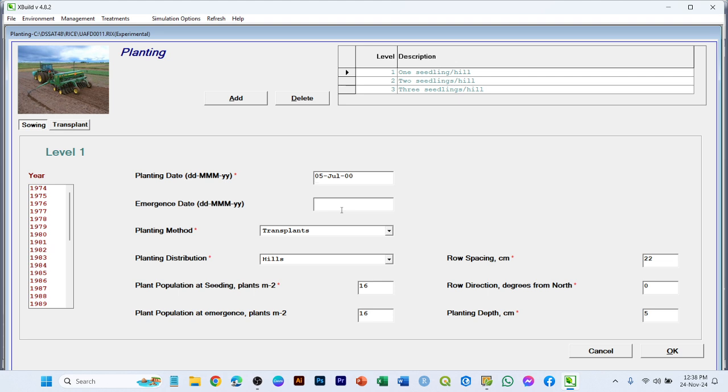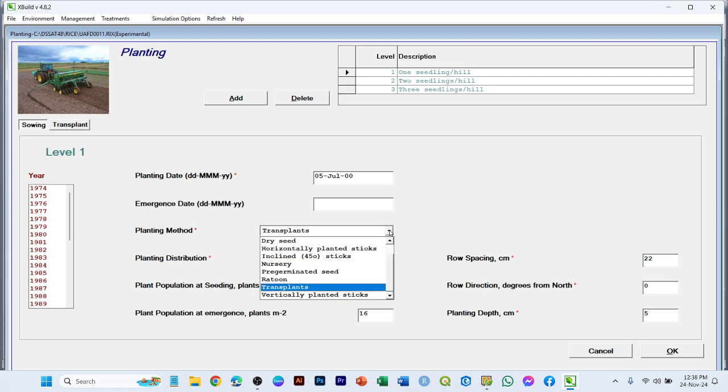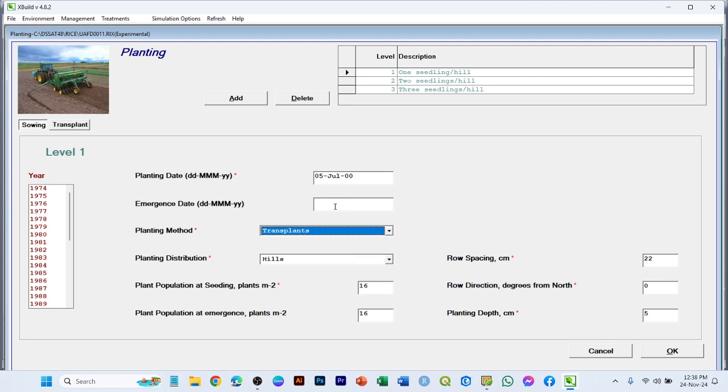You don't need the emergence date because you have transplants. You have mentioned it over there. It's transplanted, not sown crop. So you have number of hills, planting distribution in hills, plant population at seeding, and number of plants per meter square.